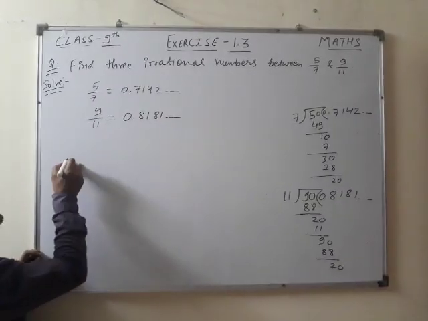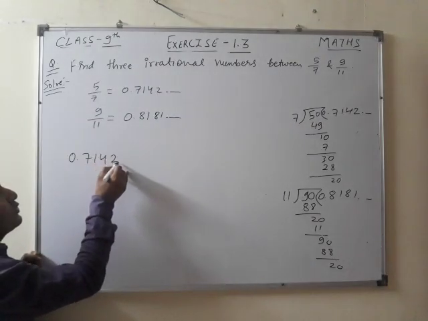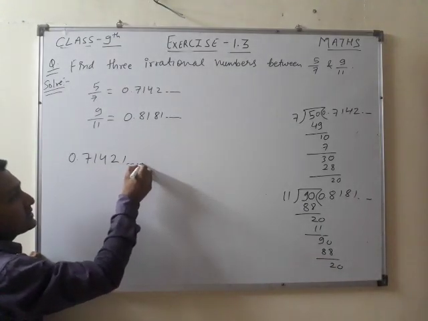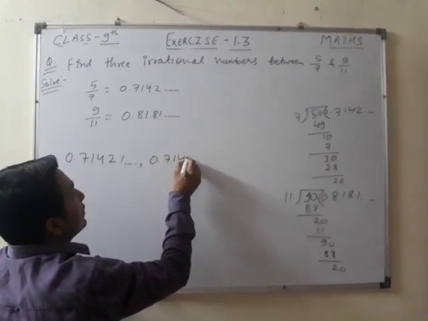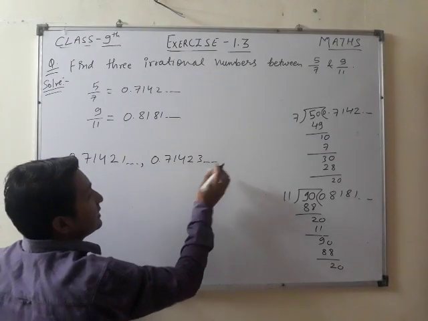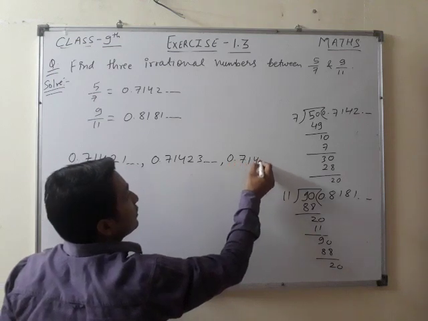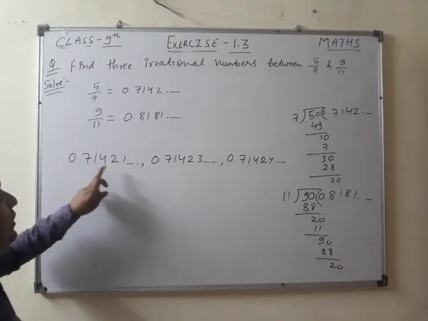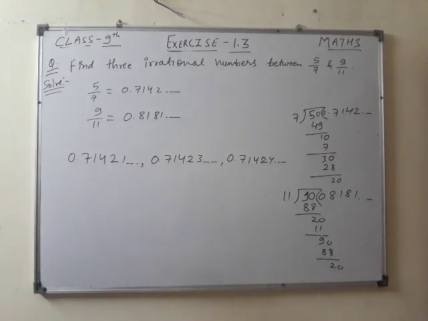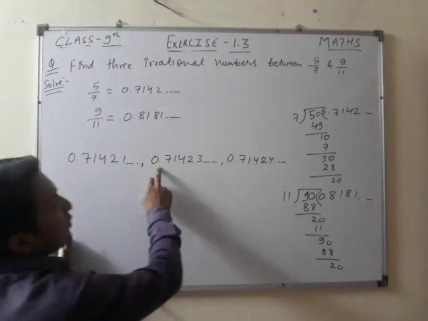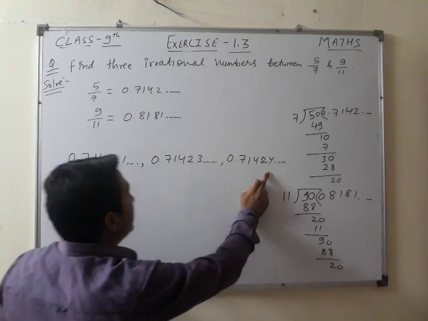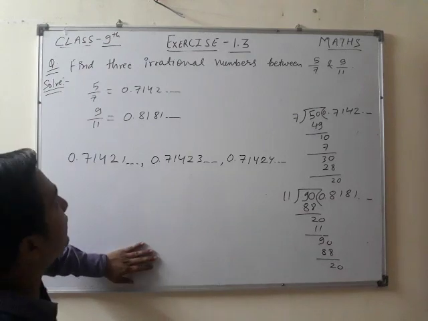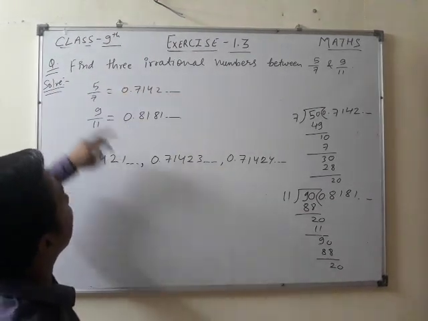So I am going to start from 0.71421, then 0.71423, and 0.71424 and so on. These are non-terminating and non-repeating numbers. So we have completed the question: we have found 3 irrational numbers between 5/7 and 9/11.